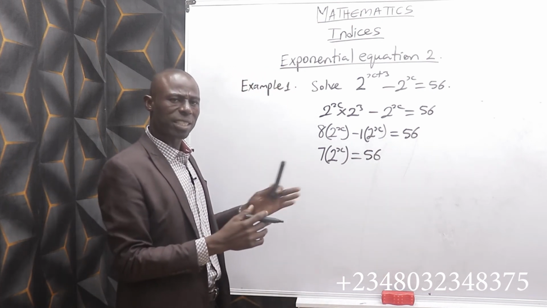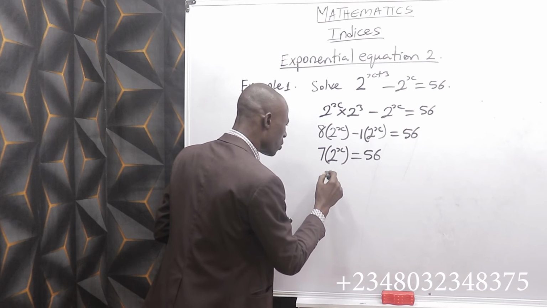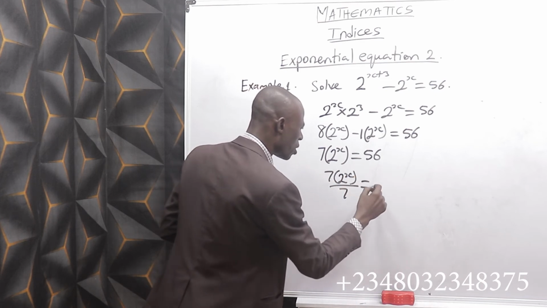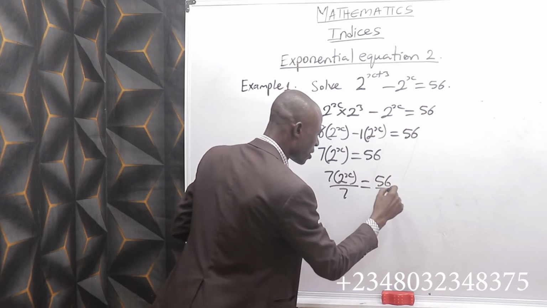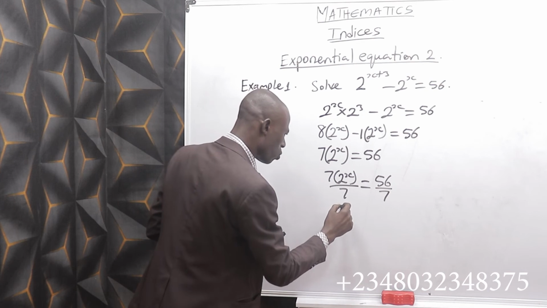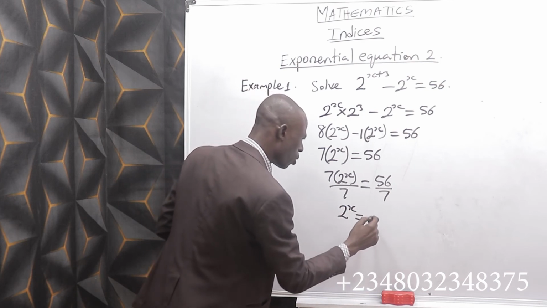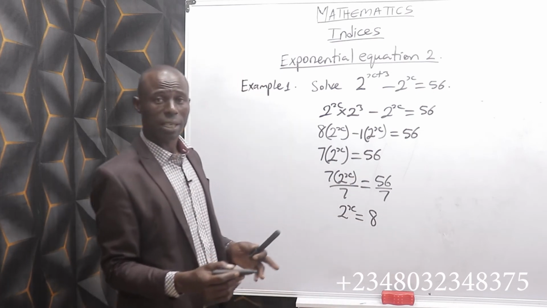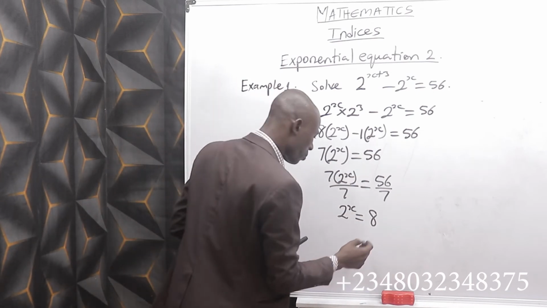Dividing both sides by 7, you have 7 into 2 raised to power x divided by 7 equals 56 divided by 7. Are you following? So this cuts this to half. 2 raised to power x equals 8. 56 divided by 7 gives 8.